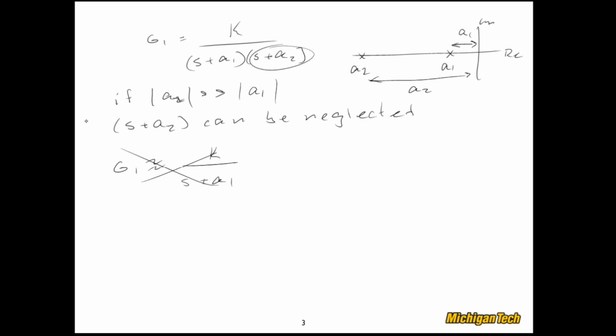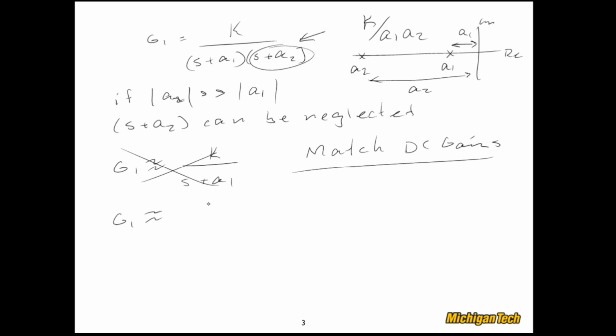That's actually not correct. The reason it's not correct is that you have to match DC gains of the original system, that is this system, and your approximate system. So the DC gain here is k over A1, A2. So when we do this tossing out of S plus A2, we have to make sure that we maintain that.